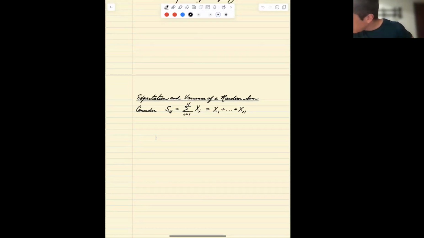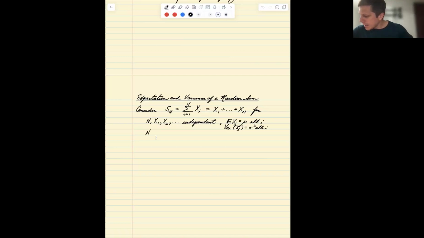Okay, so for N, X1, X2, etc., independent of each other, expectation of X_i equal to mu for all i, variance of X_i equal to sigma squared for all i, and N a non-negative integer valued random variable.